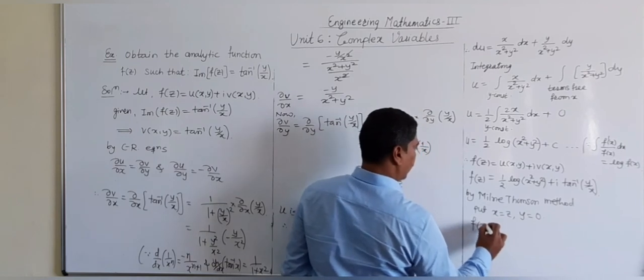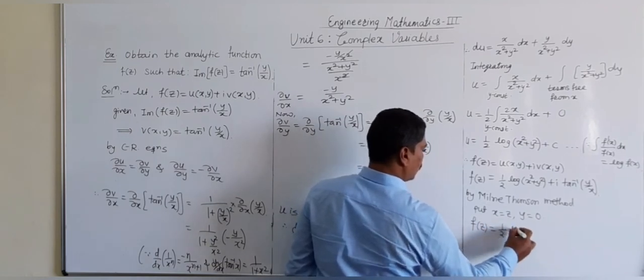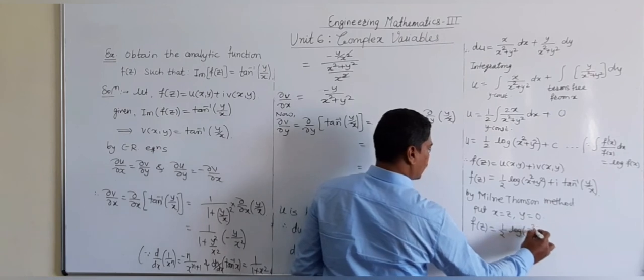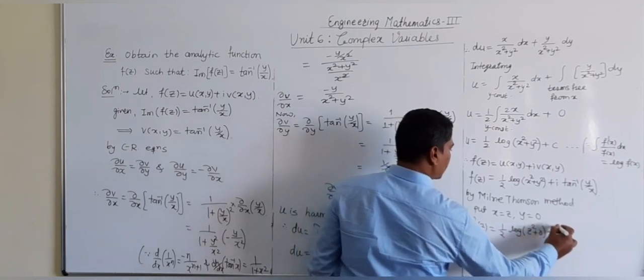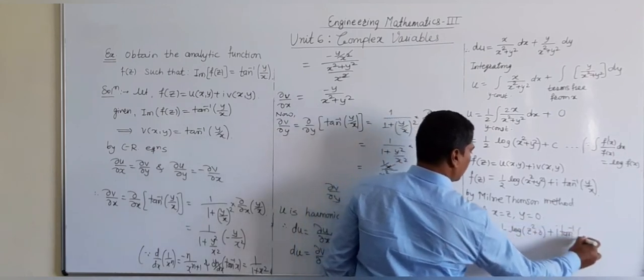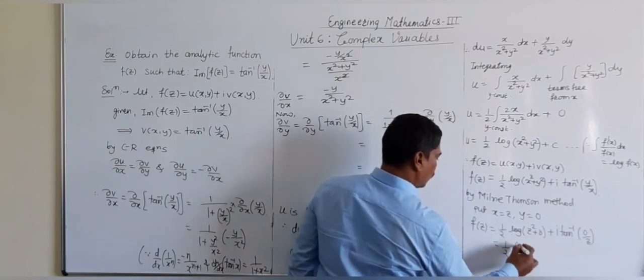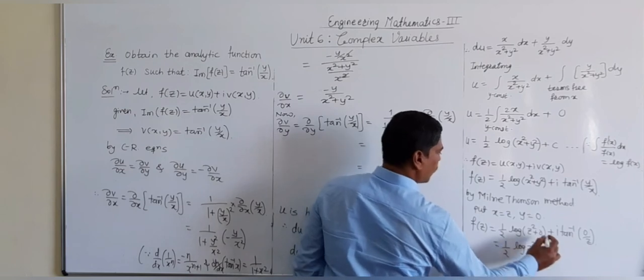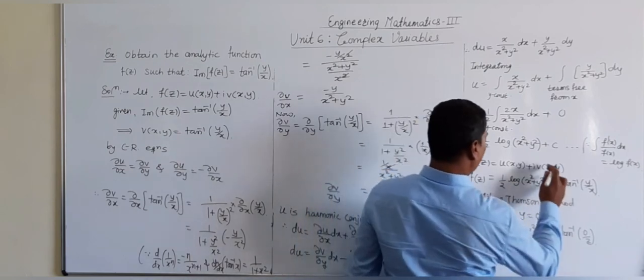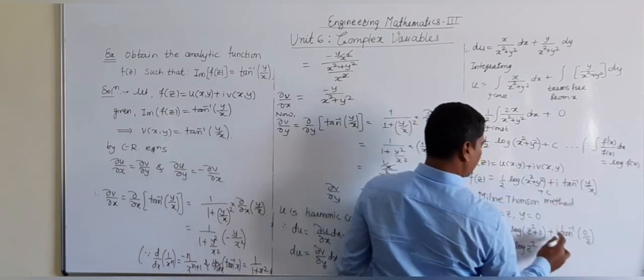In that way we get f of z is equal to 1 upon 2 log of z square plus 0, plus i into tan inverse of 0 upon z. The constant of integration remains, so write plus c.